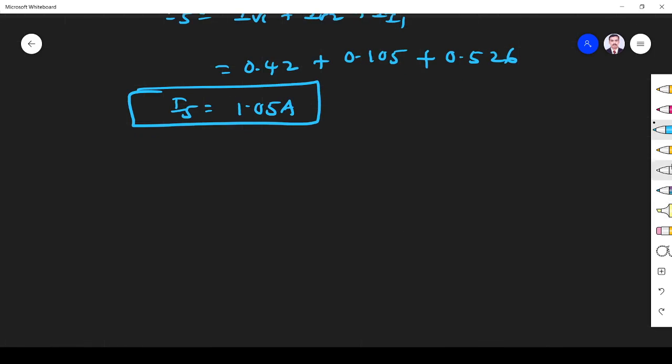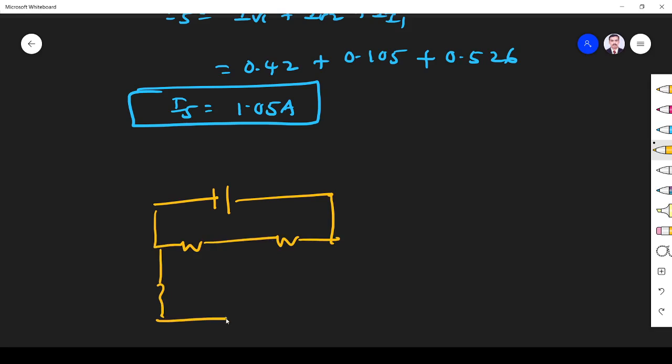Let us do one more problem for the superposition theorem. So what is the question? This is one source and two resistances, and here we have two resistances connected like this.